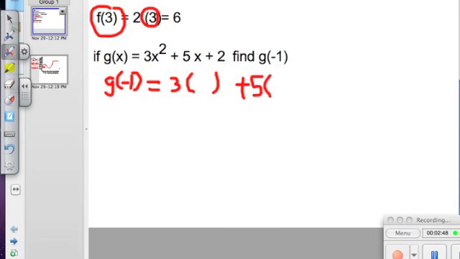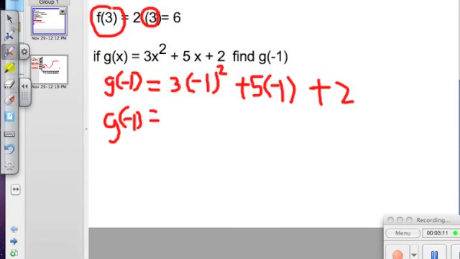And then I'm going to put this negative 1 in everywhere. Got the squared, okay? Everywhere that there are parentheses. Now we can start evaluating. I'm just going to rewrite this g of negative 1 right there, and the equal sign.